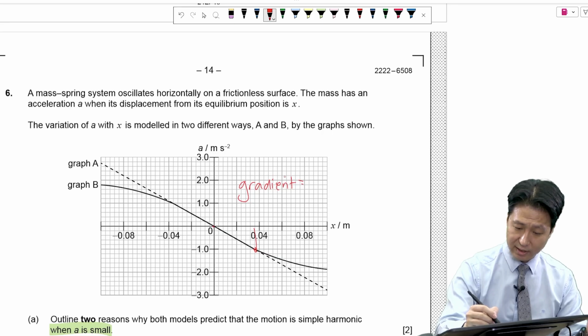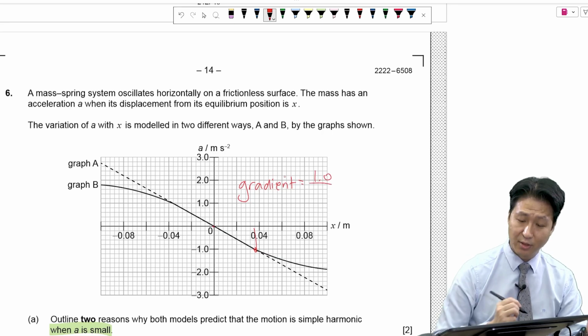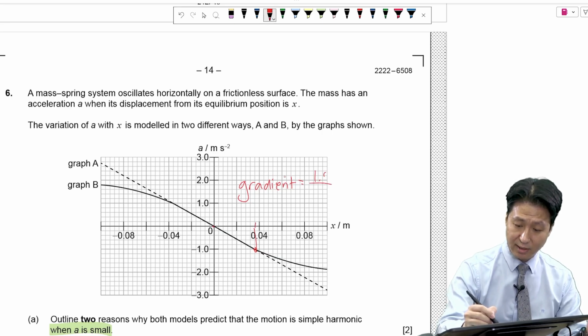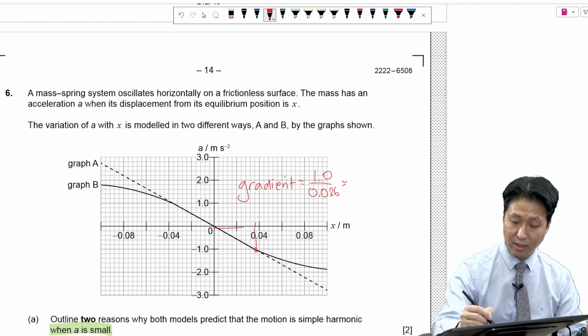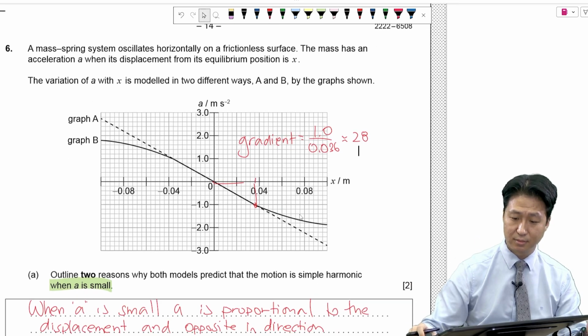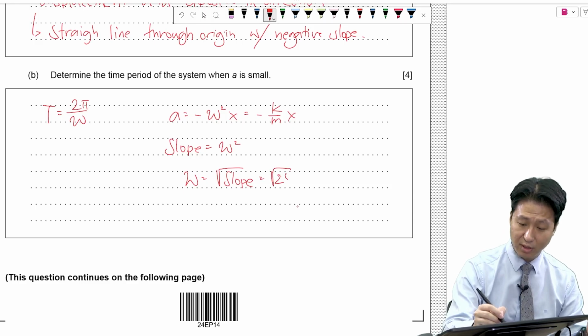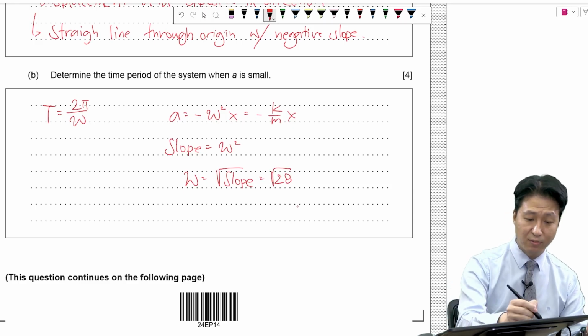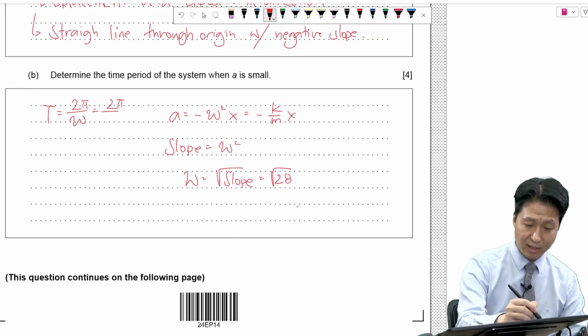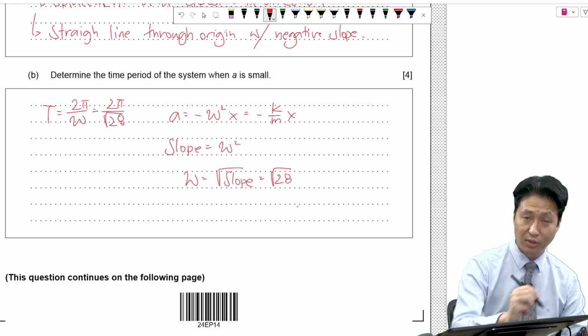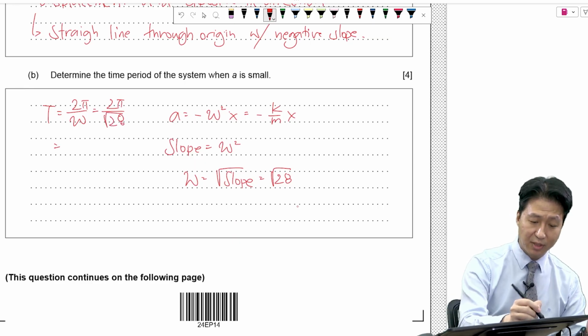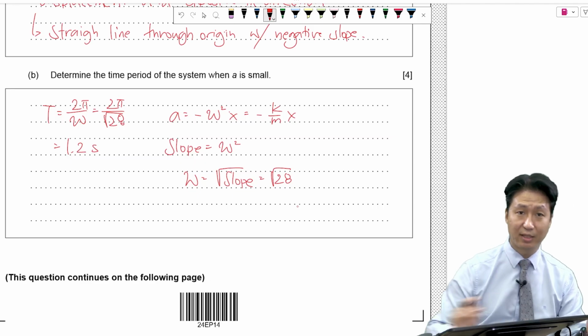The change in the y-axis is 1.0 over the change in the x-axis, which is 0.036, making this approximately 28. So the angular velocity is the square root of 28, but before we calculate it, we just input it here. 2 pi over square root of 28, making the period approximately 1.2 seconds.